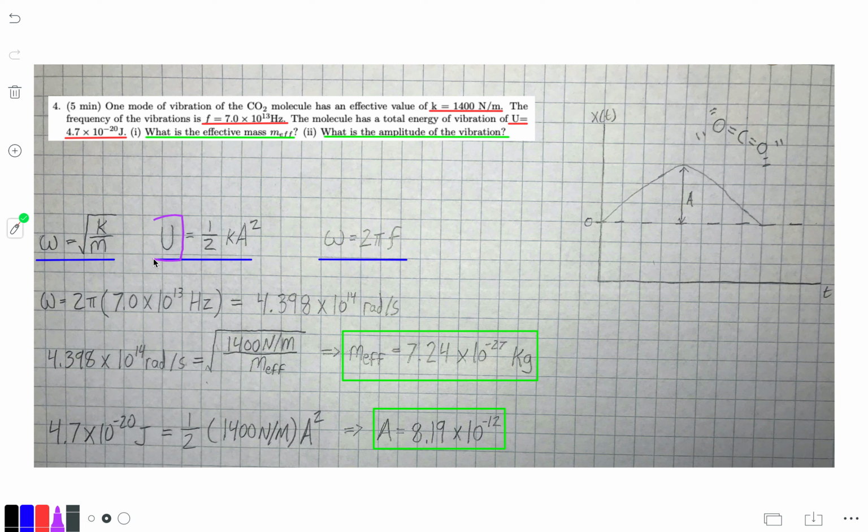In this case, we're given U, so we can assume that it is the potential energy, and we can plug into this equation using the energy we're given as U, and then our K value, and we can solve for the amplitude. We're left with 8.19 times 10 to the negative 27 meters.